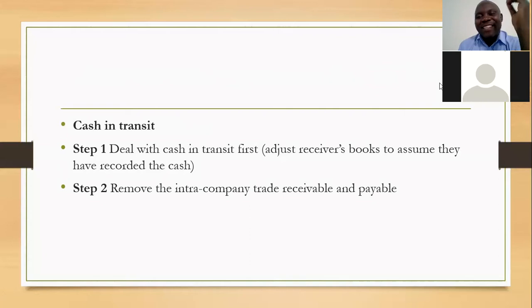If the subsidiary owes the parent company, the subsidiary maybe uses a check to pay the parent company. So in the books of the subsidiary, because they have taken the check to the bank, they will certainly cancel that debt, that liability, isn't it?